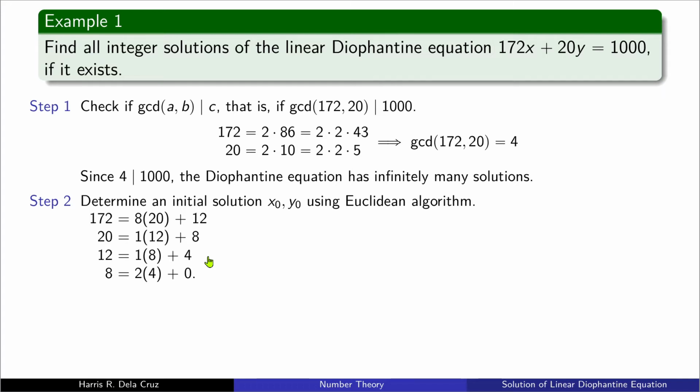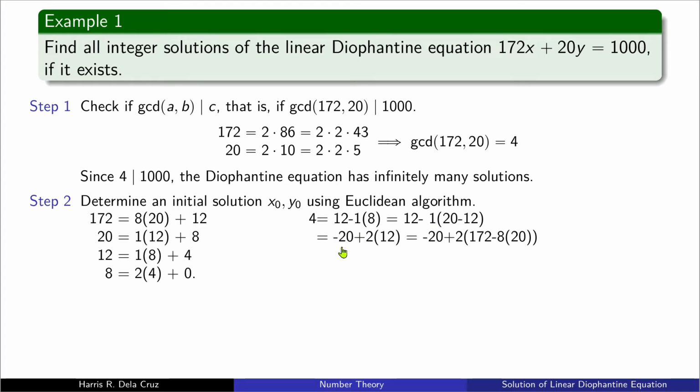But we need the Euclidean algorithm so that we may be able to express 4 as a linear combination of 172 and 20. So we work our way back starting from 4. So we know that 4 is equal to 12 minus 8. But 8, using the next equation, is 20 minus 12. So we substitute that. 12 minus 1 times 8 is 20 minus 12. So we distribute negative 1 to 20 and negative 12.